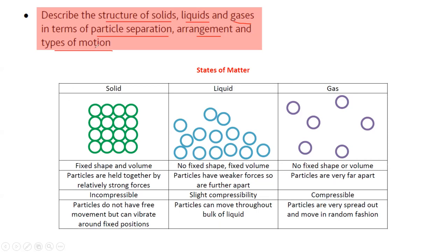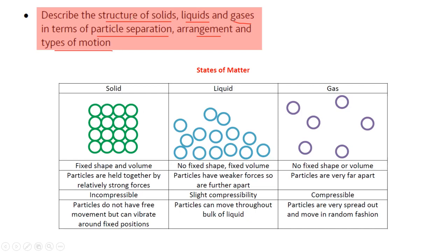And when we compare the arrangement and type of motion, in solid, the particles do not have free movement. They can vibrate about a fixed position, whereas in liquids, the particles move around each other, and in gases, the particles are very spread out and they can move randomly. So you should be able to recognize solid, liquid and gas in terms of structure.